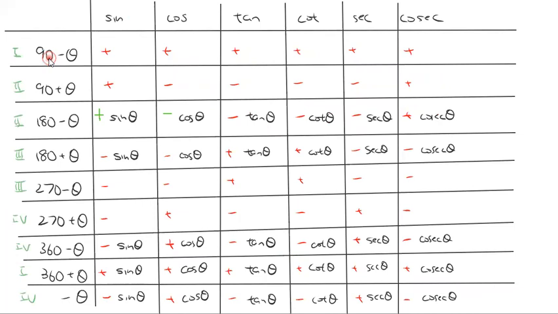So that means sine will swap and become cosine. And cosine will swap and become sine. Tan will swap and become cot. Cot will swap and become tan. Sec will swap and become cosec. And cosec will swap and become sec. And that just applies throughout the whole thing.